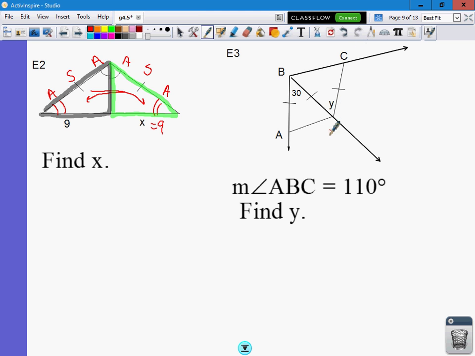So, if I'm looking at it, they're saying the measure of angle ABC, this whole angle, is 110 degrees. If this whole thing is 110 and 30 of it is over here, how much is on the other side? 80.